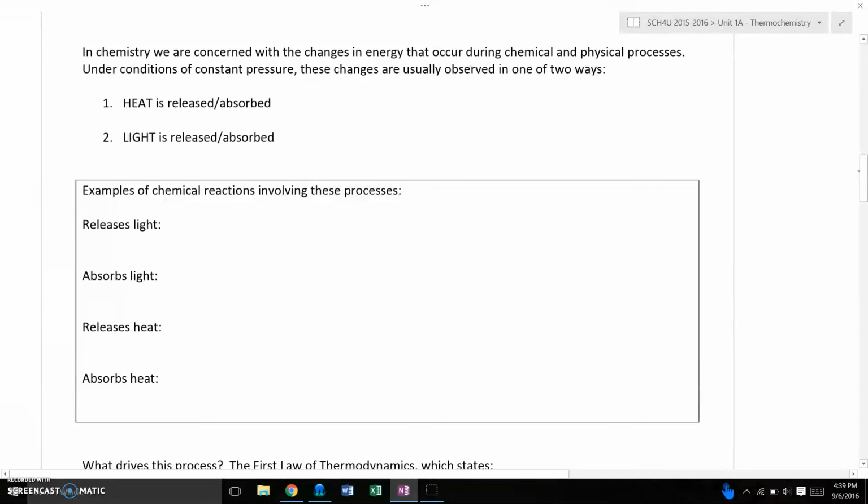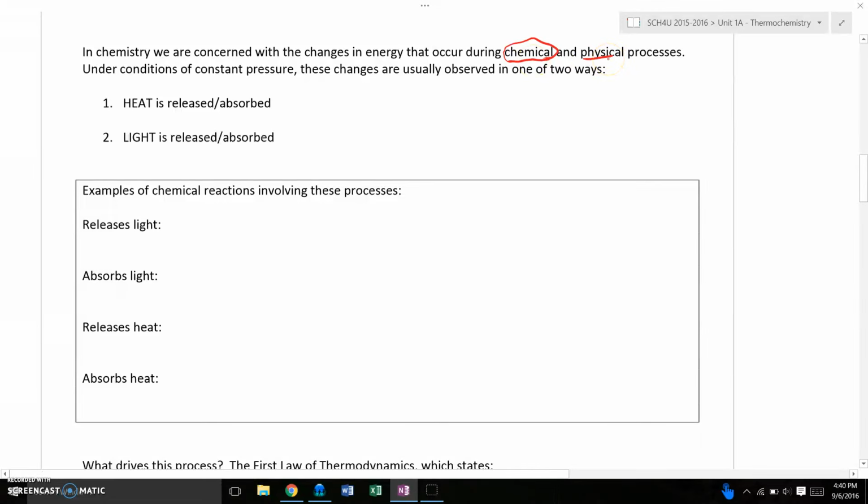So specifically in chemistry, we're concerned with changes in energy that occur during chemical and physical processes. Okay, so remember, chemical and physical changes. For the chemical change, we've talked many times throughout your chemistry studies about the signs of a chemical change. But really the key thing here is, are you creating a new chemical substance?